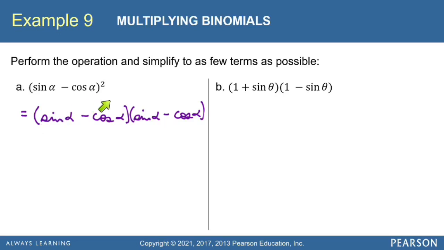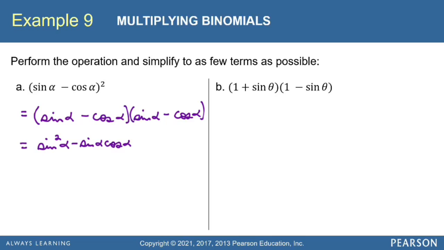First times first would be sine of alpha times itself, so that would be sine squared alpha. Outer times outer would be sine of alpha times negative cosine of alpha. So that's what I'll write here. For the inner times inner term, we'll have minus cosine alpha times sine alpha.